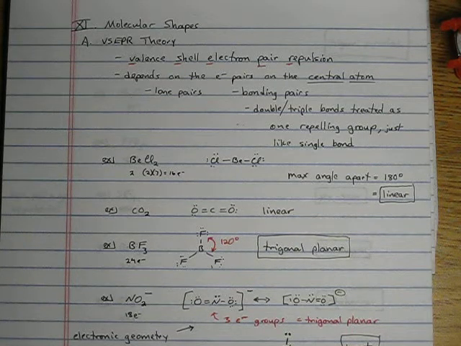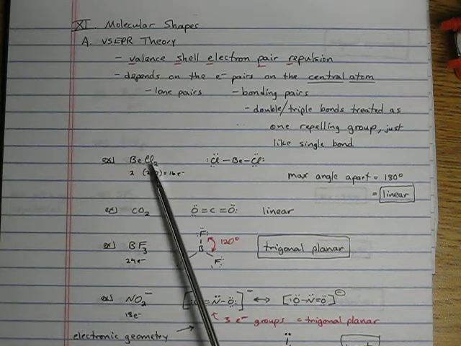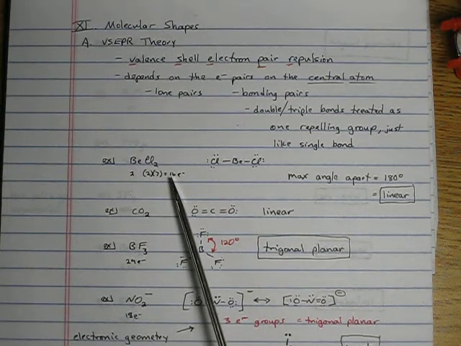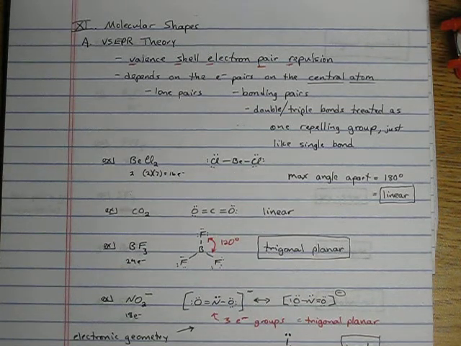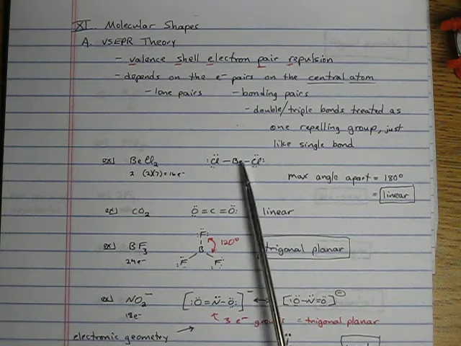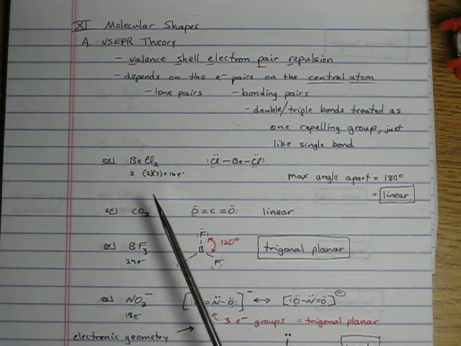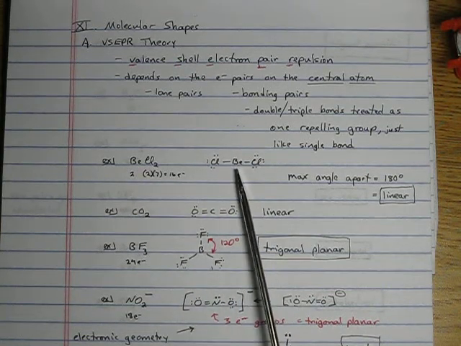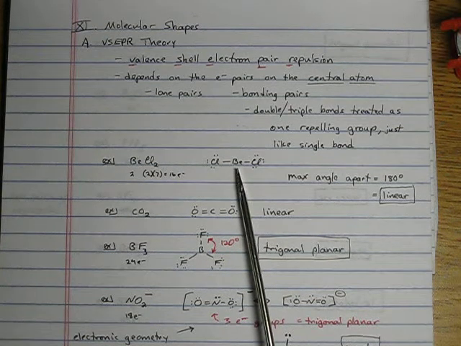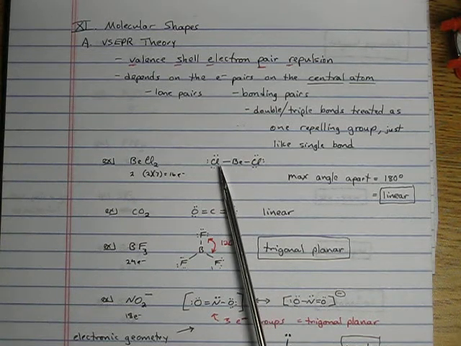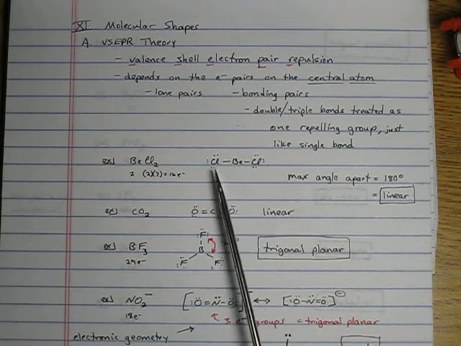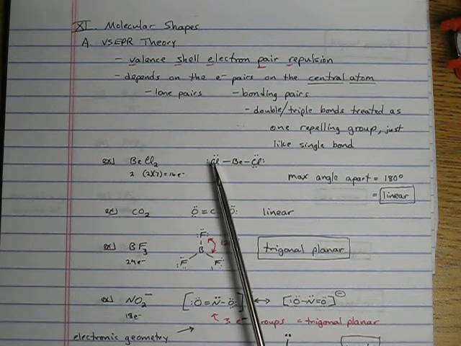But let's go through the stuff. Let's start, for example, BeCl2. That's 16 electrons in this molecule. If you do the Lewis structure, you find it looks like this. This is another one of our incomplete octet molecules. Beryllium is fine with just 4 electrons around it. So when we look at this, we've got the beryllium as our central atom, and we have the 2 chlorines as the terminal atoms, and the question is, how can we get these 2 groups maximum distance apart in terms of angle?